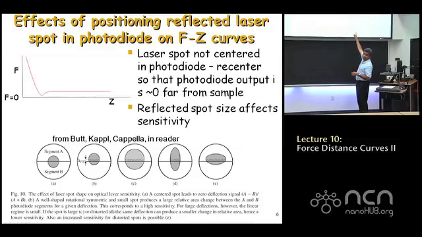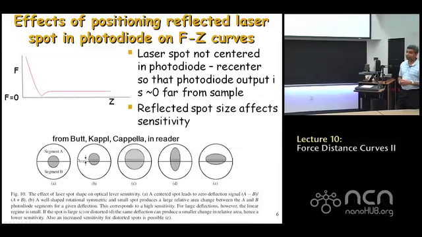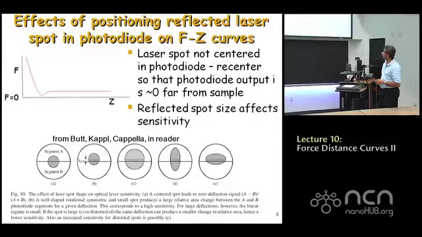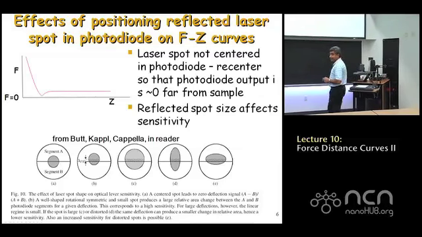However, if the same oblong spot were oriented horizontally, the same height change would cause a much larger change in areas on top and bottom, and therefore would give a larger signal. So the positioning of the laser spot is sort of critical to improve the sensitivity of an FZ curve. Okay? Any questions on that?